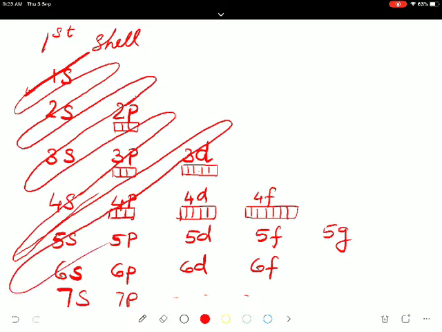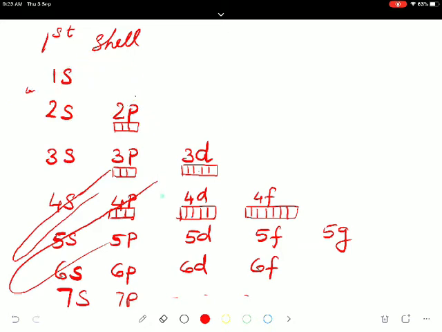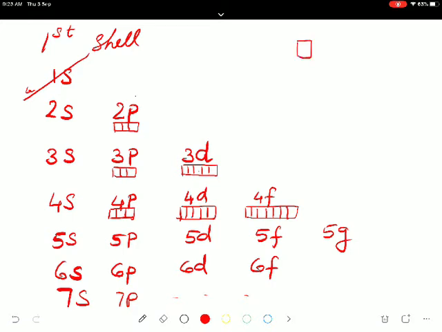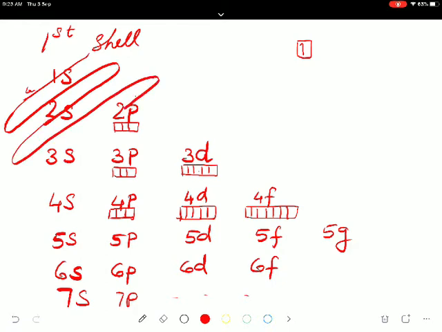Like that it will go. So the lowest orbital in energy is 1s. If I show that 1s by one box, then one electron will go there.